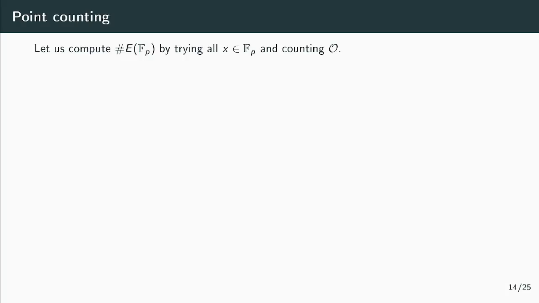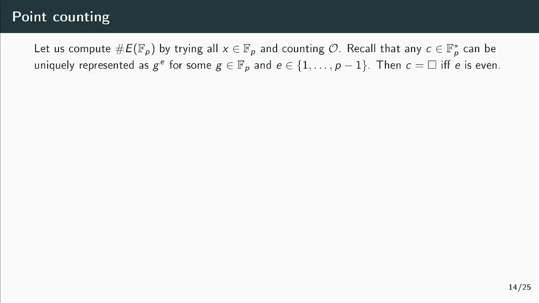Let's say we want to compute all points on a curve over Fp. Instead of iterating over all possibilities for x and y, we can try all x values and see whether the evaluated polynomial f(x) is a square in Fp. It might be useful to recall that the multiplicative group of Fp is cyclic.